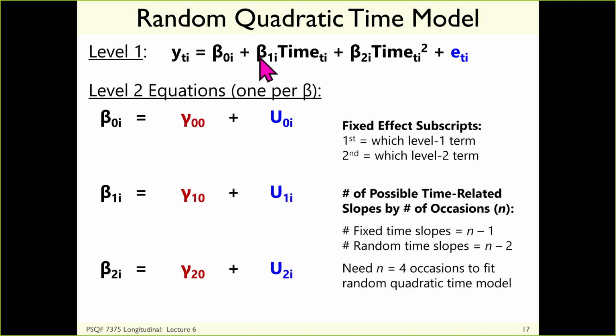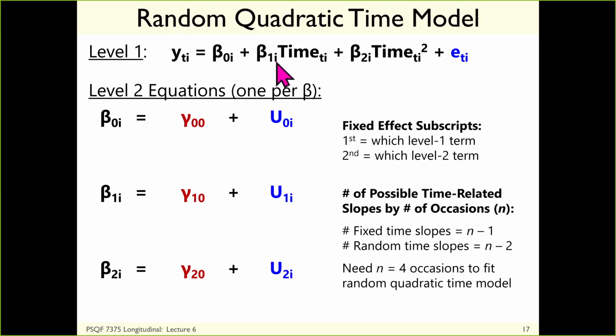So keep in mind, betas are not parameters. Betas hold sets of parameters that are conceptually linked together. So beta 0i is how each person is going to get their own intercept for their predicted outcome at time 0. That's going to be a function of fixed and random effects at level 2.